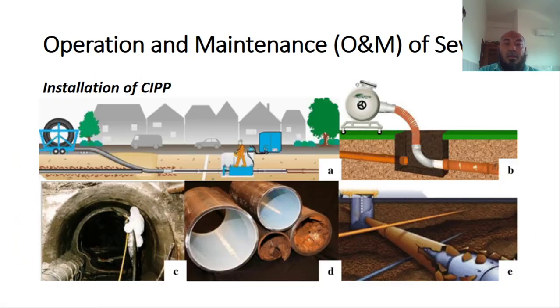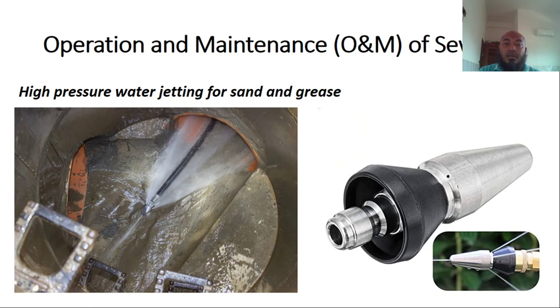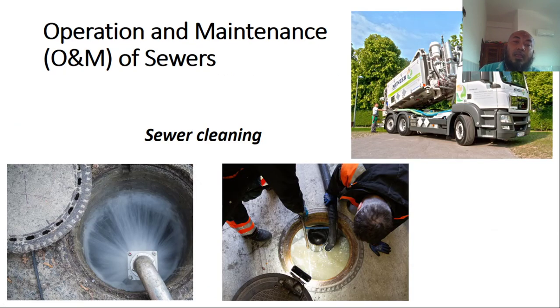Okay, so another way of maintenance is to clean. We can use high pressure water jetting for sand and grease. So you can see here, this is the sewer, and then we can use this jet to flush all the sand and grease inside the sewer. Sewer cleaning, this is another one.